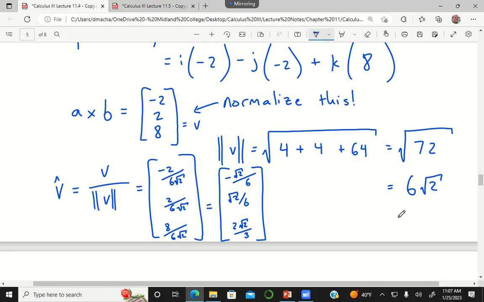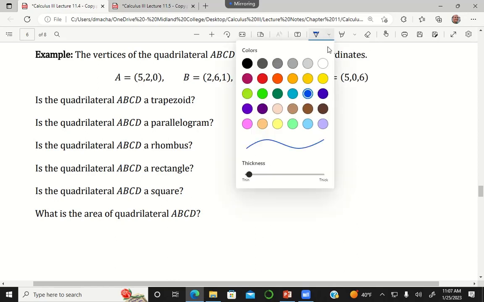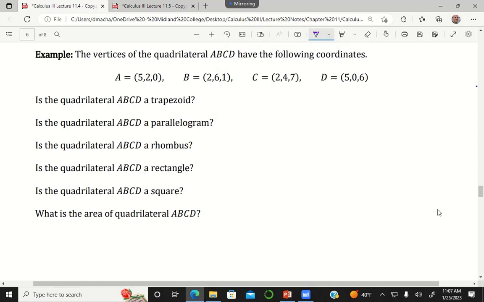Okay, so we'll move on to the next example. It says the vertices of quadrilateral ABCD have the following coordinates. So I've got a quadrilateral, which means I have 4 vertices A, B, C, D, and I can link them all up with edges, and it's a 2-dimensional shape that looks like that, right?